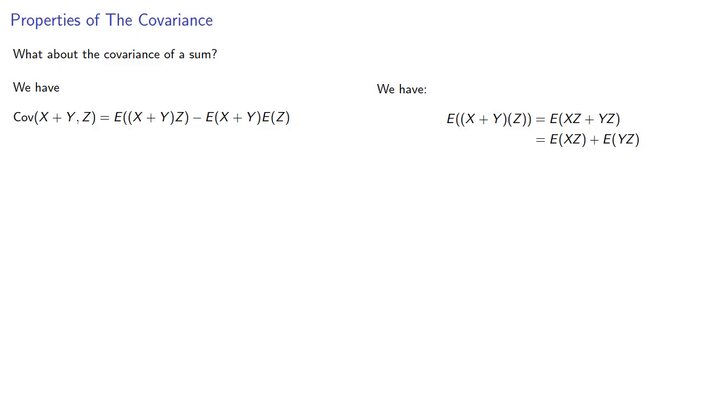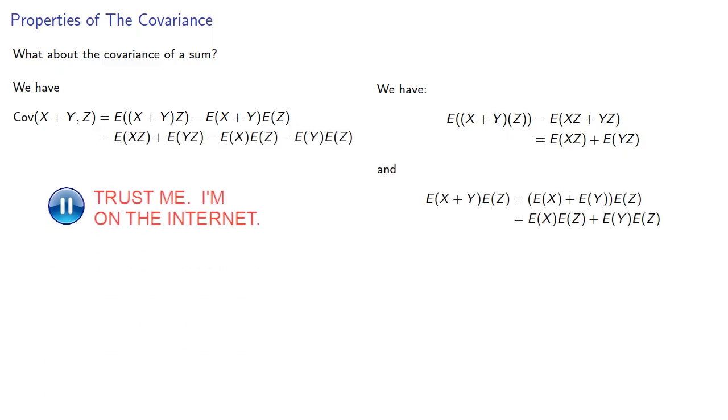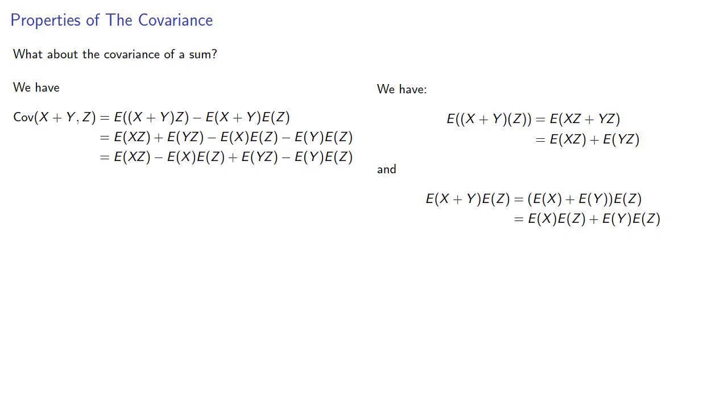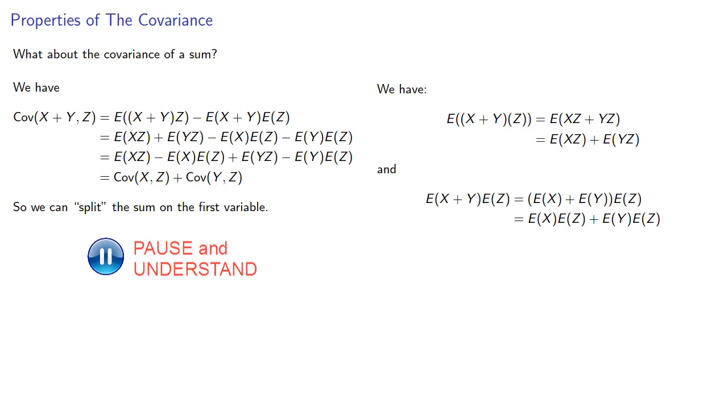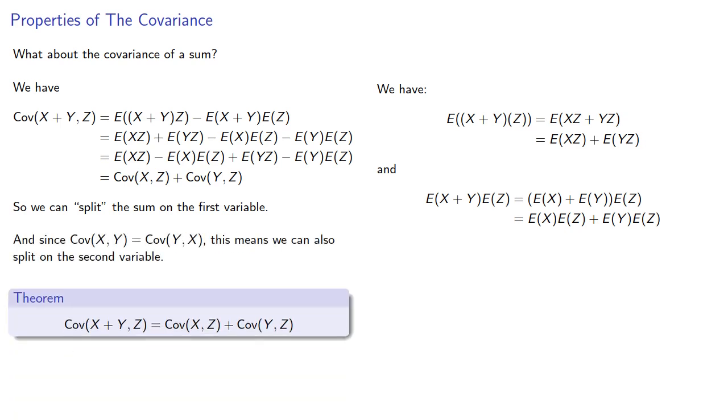And likewise... and we rearrange our terms a little bit, we have the covariance of X and Z plus the covariance of Y and Z. And that means we can split the sum on the first variable. And again, since it doesn't matter what order we list the variables, this means we can also split on the second variable.